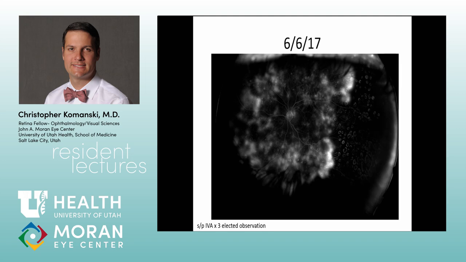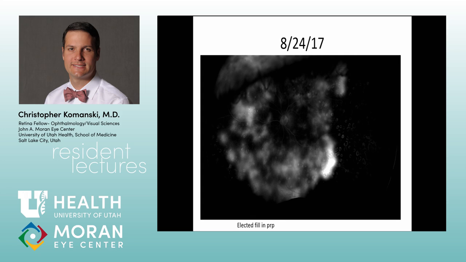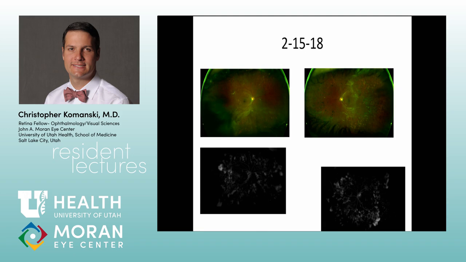She now has macular edema, and she was one of those people who presented with 20/20 vision, and now vision goes down to 20/40, 20/50, and we started treating her with anti-VEGF and fill-in PRP a year later, and continued anti-VEGF. After about 6 anti-VEGF treatments, you can see in these late FA images, and with more fill-in PRP, that you really start to get more control of this diffuse vasculitis.